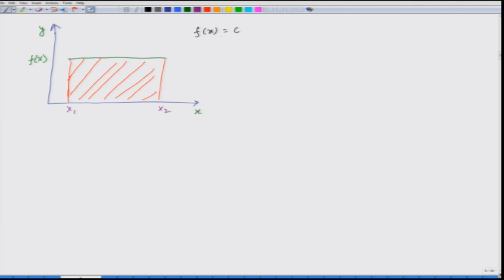So, this area is equal to the integral from x 1 to x 2 of f x dx, and because f x is c, it is c times dx from x 1 to x 2, and this is equal to c times x 2 minus x 1.